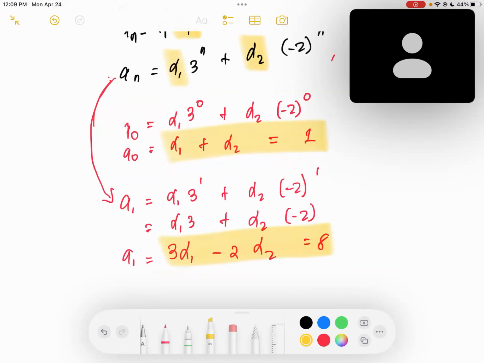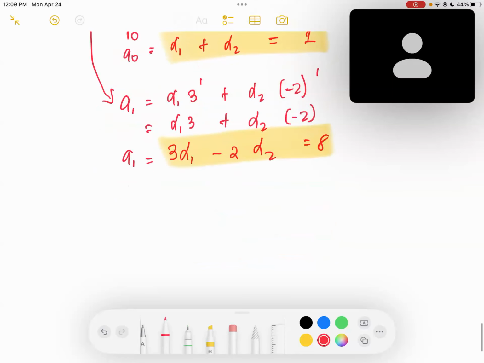So still the question is, what is the value of alpha 1 and alpha 2? So we will compute it algebraically. We have alpha 1 plus alpha 2 equals 1, and a1, which is 3 alpha 1 minus 2 alpha 2 equals 8. So from here, paano natin mako-compute si alpha 1 and alpha 2?